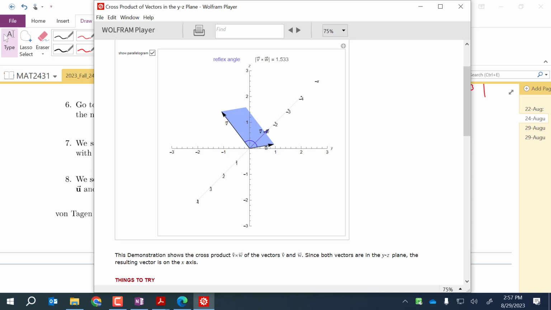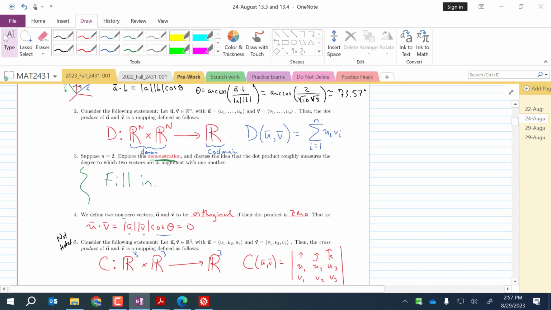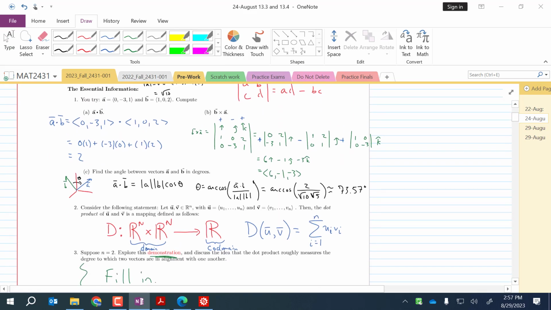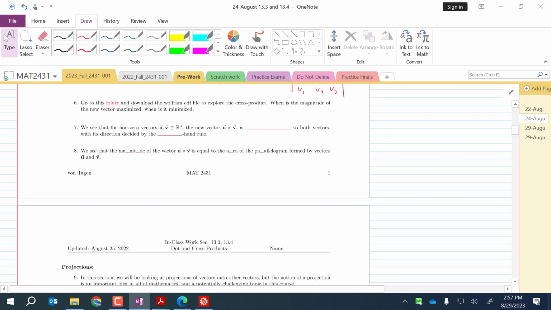Okay? So again, although I taught you in the pre-work a coordinate way of computing the cross product, that was just a gimmick. The trick worked out that way, so that's what we do. Okay? And it's actually related to the exact computations you would do if you were trying to find the area of a parallelogram and then multiply by the direction.